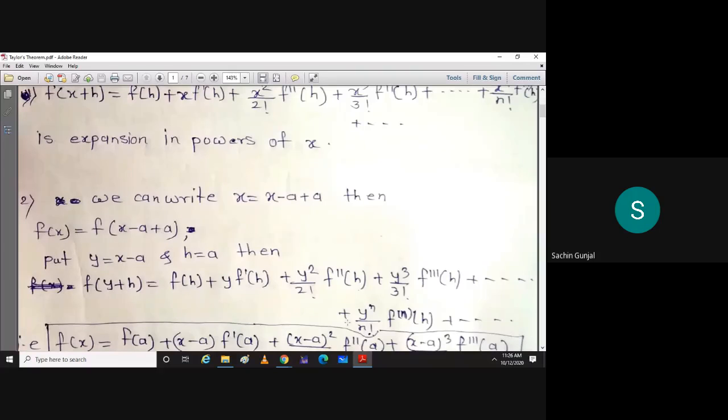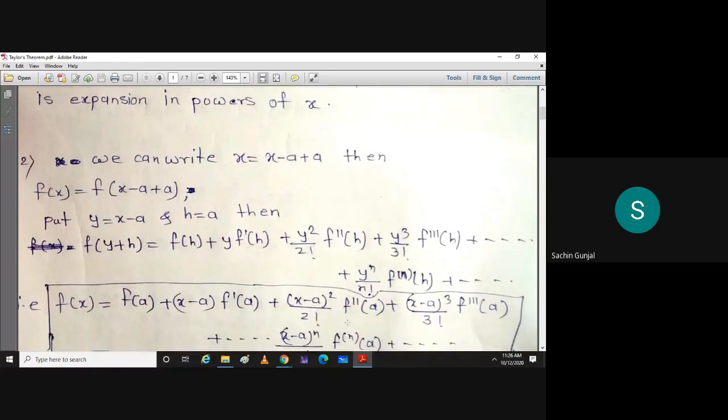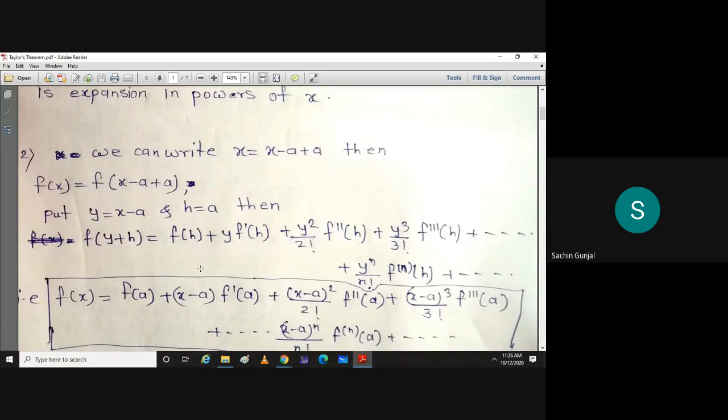Then you resubstitute h and y. So h is a, and f of x is equal to f of a plus x minus a into f dash a plus x minus a square upon 2 factorial second derivative at a, and so on.